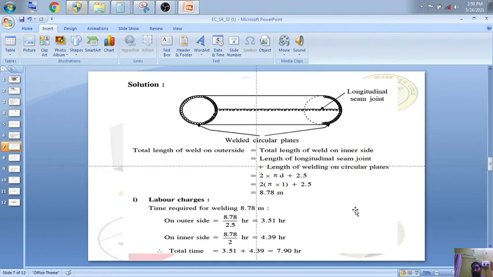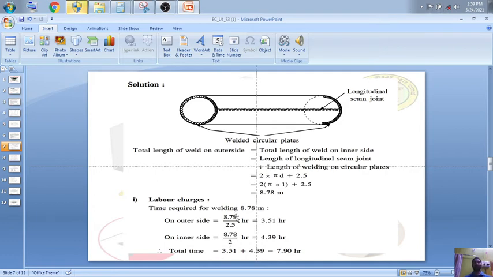So x equals 8.78 divided by 2.5, and similarly 8.78 divided by 2. That gives you the time for outside and inside welding. The total welding time is the addition of outside and inside welding, 3.5 plus 4.39, that is 7.9 hours required for making this drum.